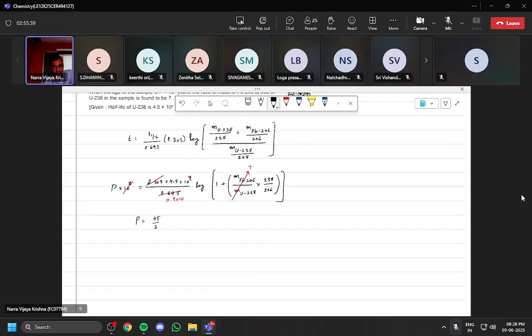Log of this one: instead of that, let me write this as 1 plus 7 into 238 by 206. 7 8s are 56, and the last number is 6. In the 6 table, you can get 6 or not?